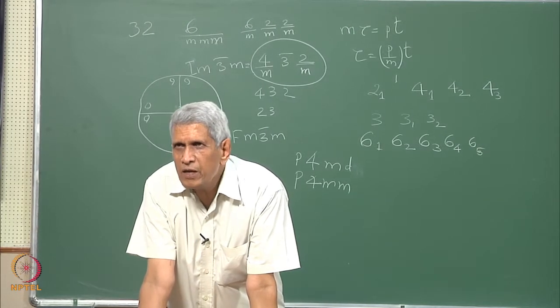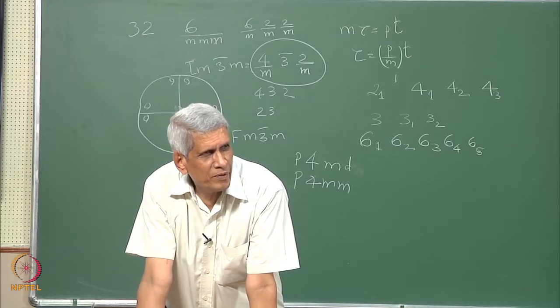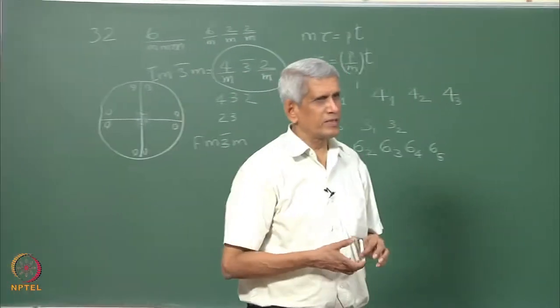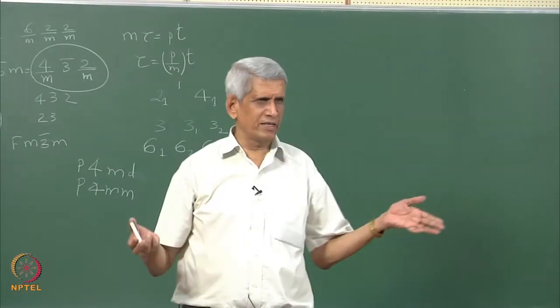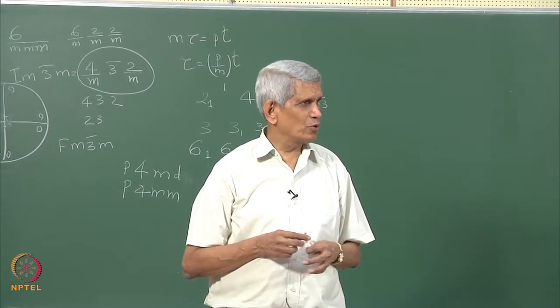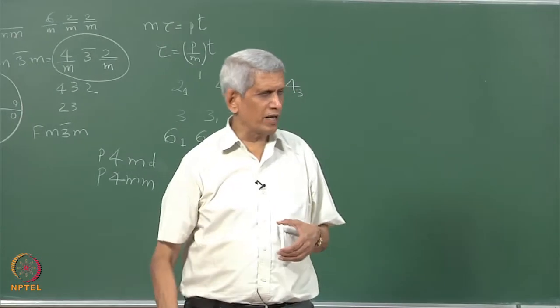Otherwise it could be any one of these. So the other way in which we can represent it is what mechanical and civil engineers do, the plan and elevation. You look at the crystal and try to represent it in 2 directions.